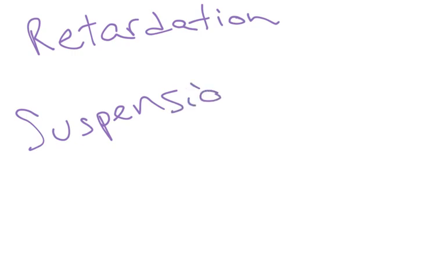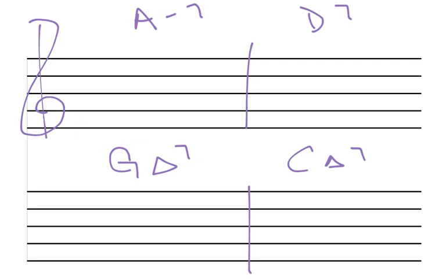Okay, so a retardation and a suspension. These two things are related, okay? In that what they're doing is that they're creating tension by leaving the same tone as the chord changes. So what the heck does that mean?